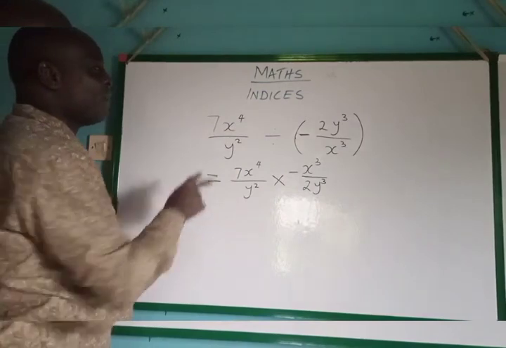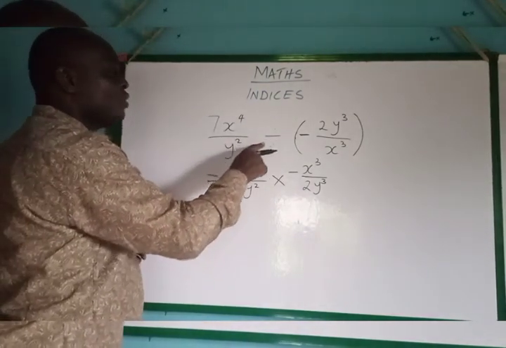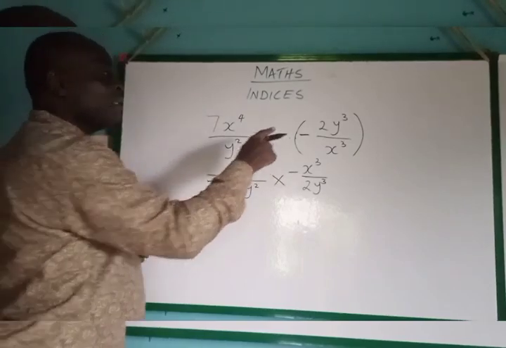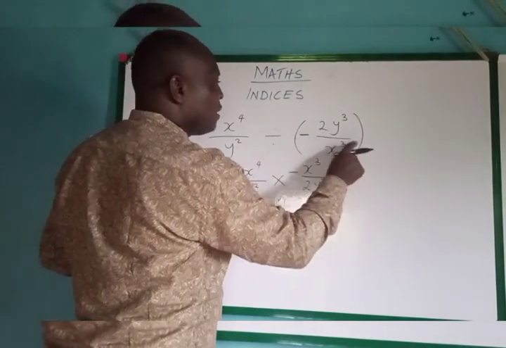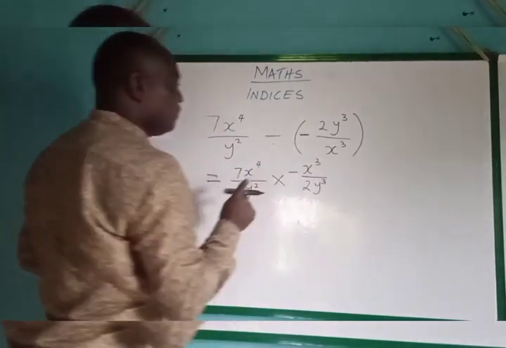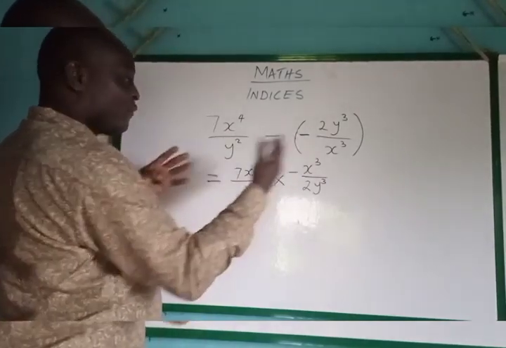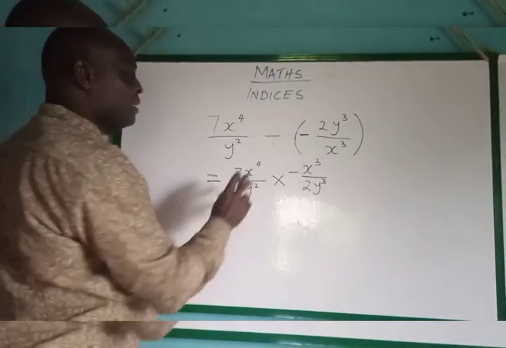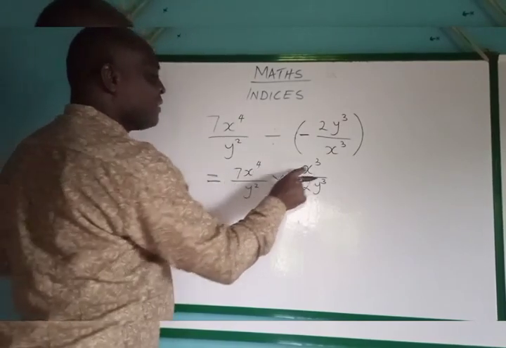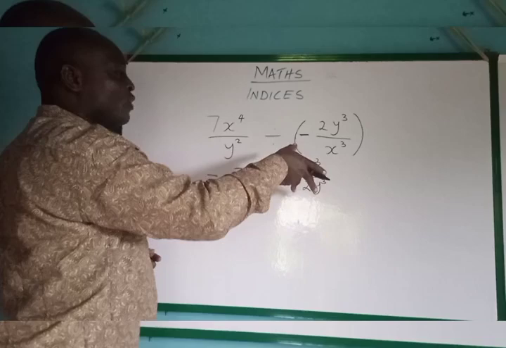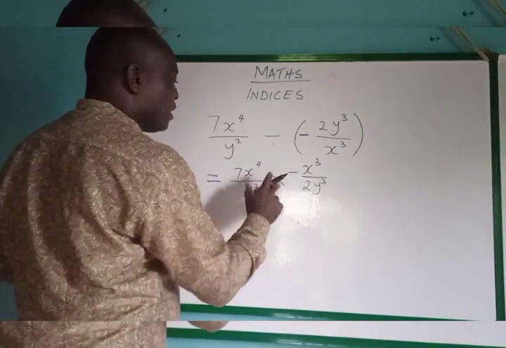Remember, the expression we are having is 7x raised to the power 4 divided by y raised to the power 2, all divided by minus 2y raised to the power 3 divided by x raised to the power 3. We have just said that because there are fractions dividing each other, change this division sign to multiplication, then the right hand side will interchange, and the reciprocal is going to be the result because we have changed it to multiplication.